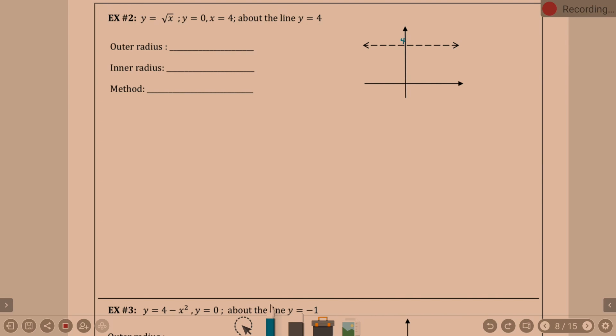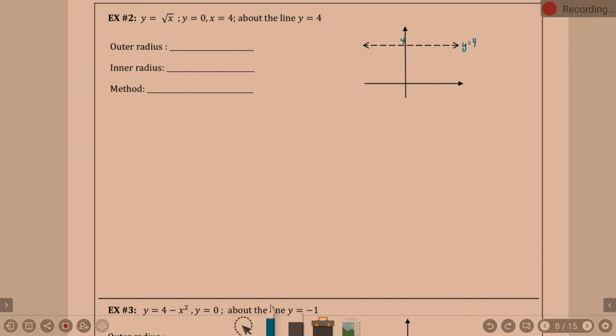That's the line we're rotating about. It was y equals 4 in one of the lines that you drew. I think you flipped a page too far, I'm guessing? Oh, you really flipped a page too far.